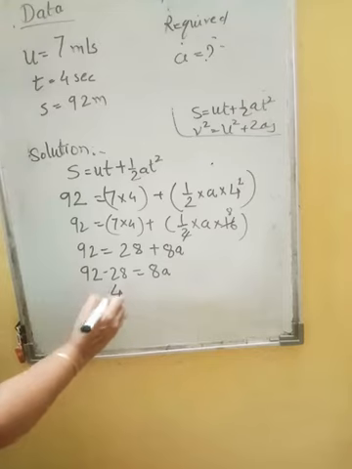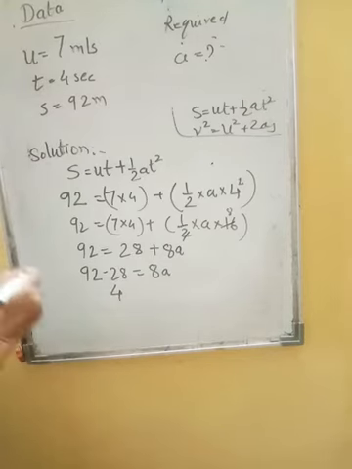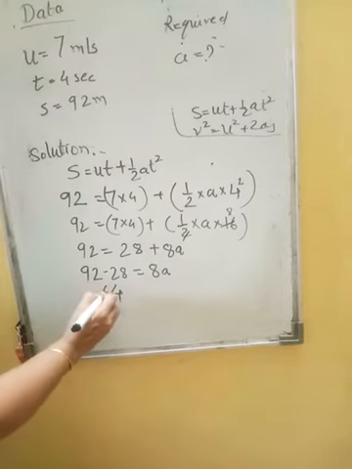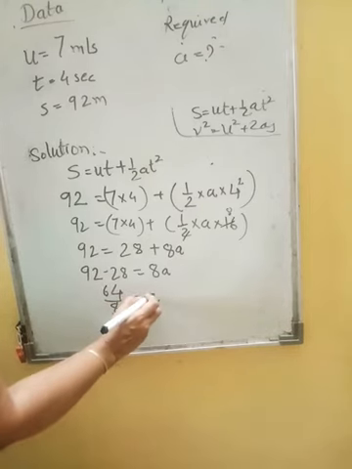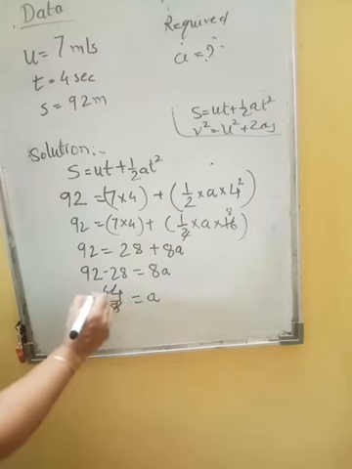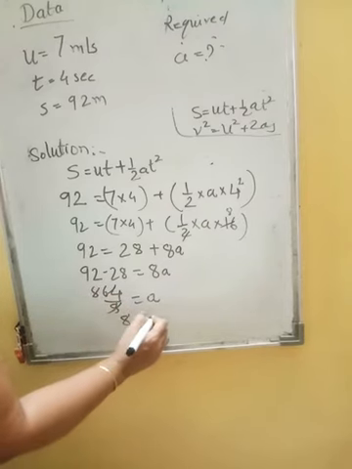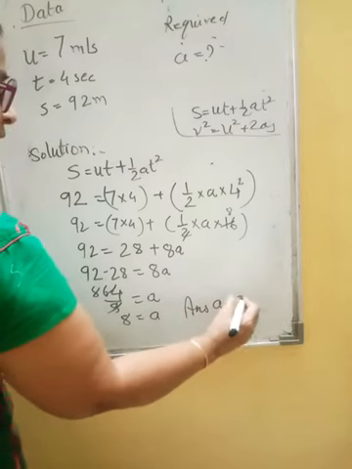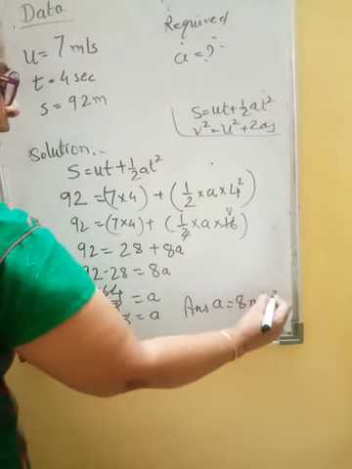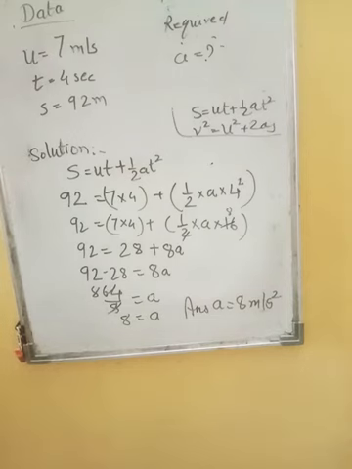So you have 64 upon 8 is equal to a. So a is equal to 8. Answer, a is equal to 8 meter per second square. So please write it down. 8 meter per second square, as it is acceleration.